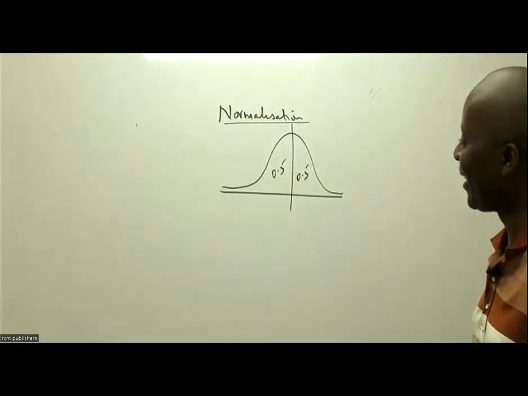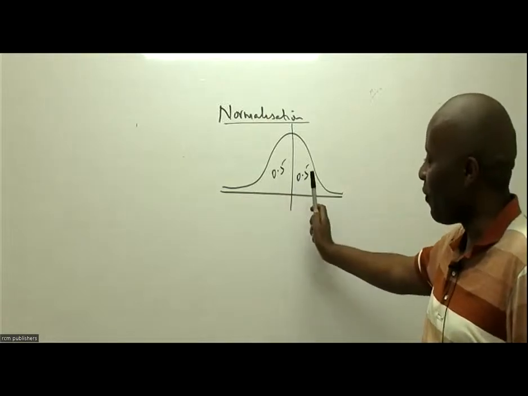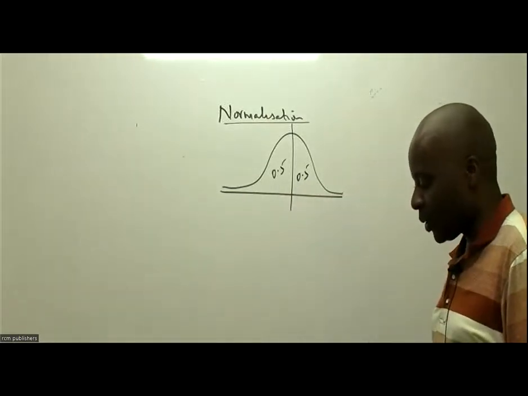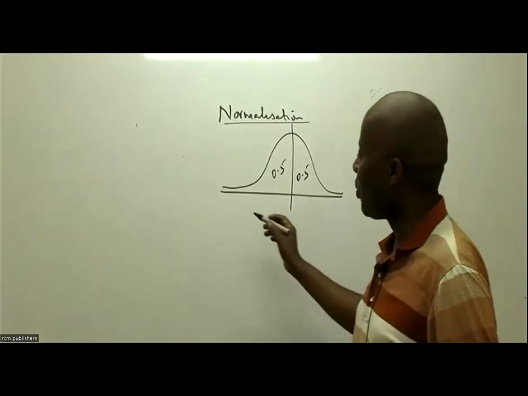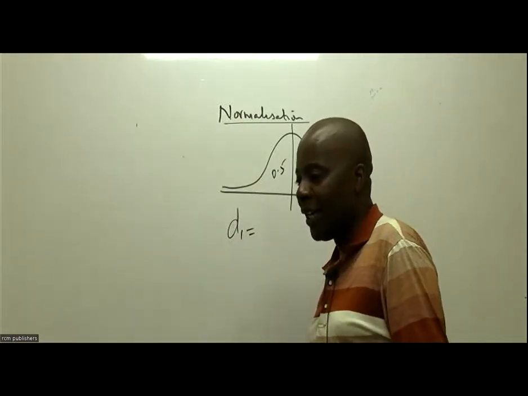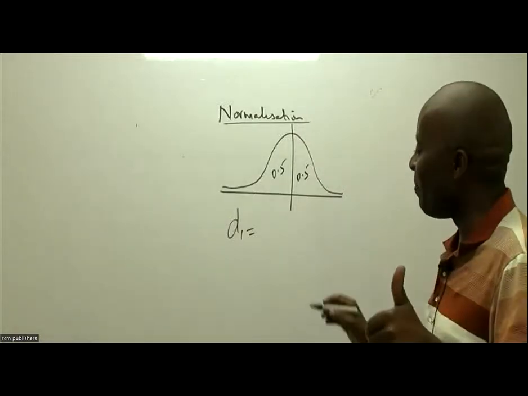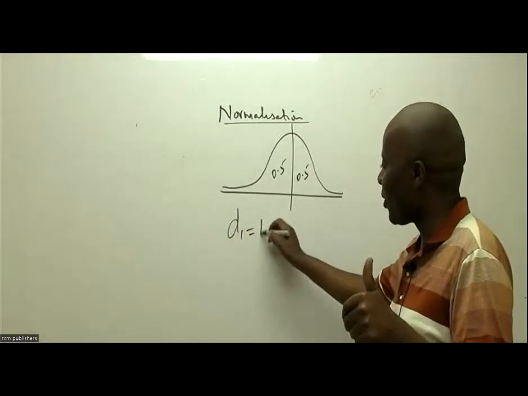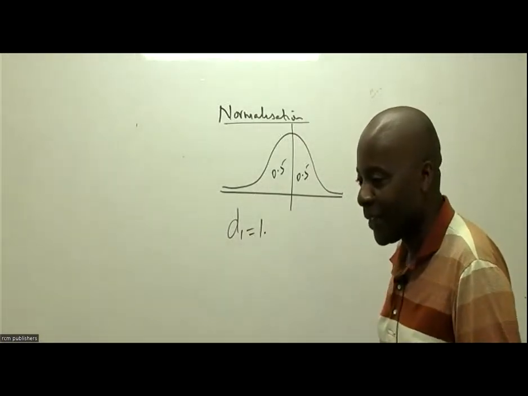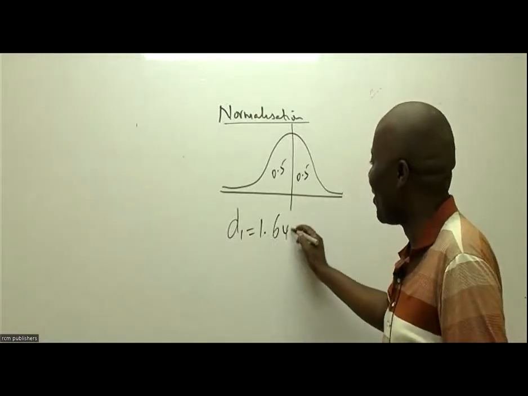So when you hear normalization, always remember 0.5, symmetrical. So then we have what we called D1. I forgot my D1 figure. It was 164 something. 1.6424.